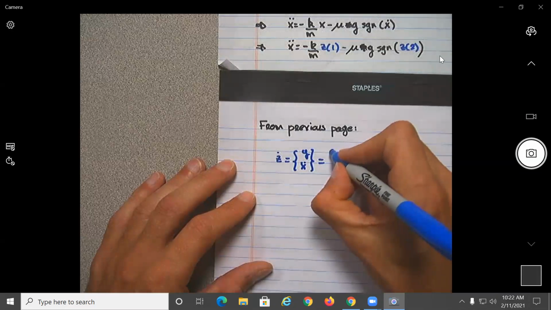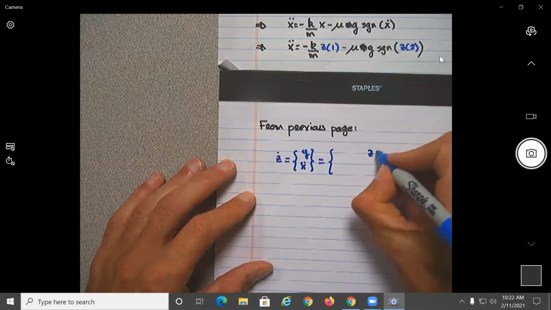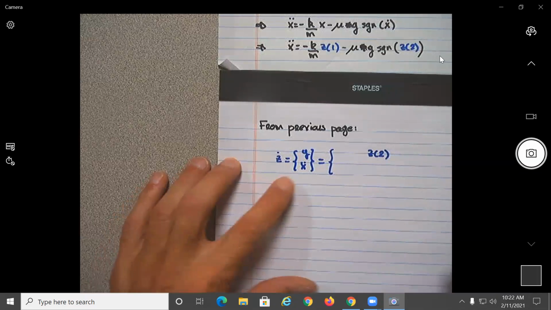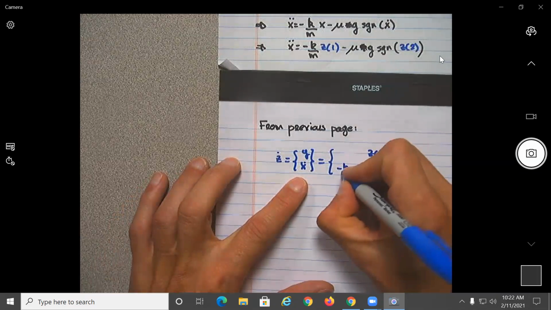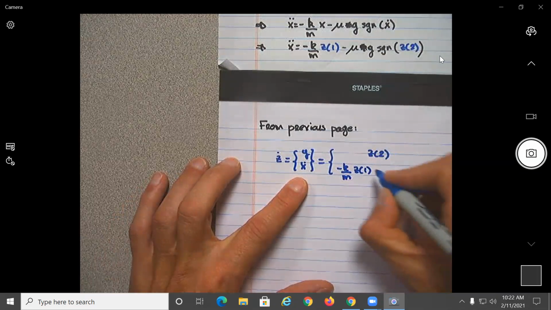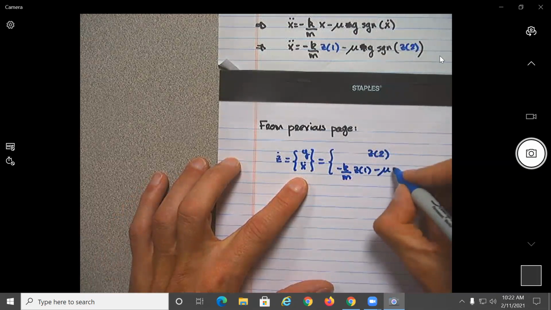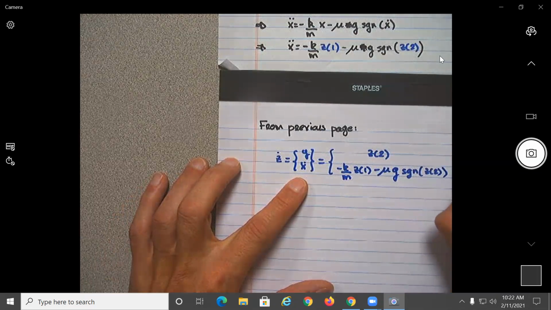Is equal to z2, and the x double dot is everything we just derived, equal to minus k over m z1 minus mu g sign of z2.